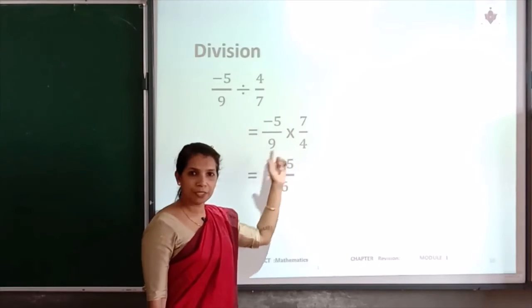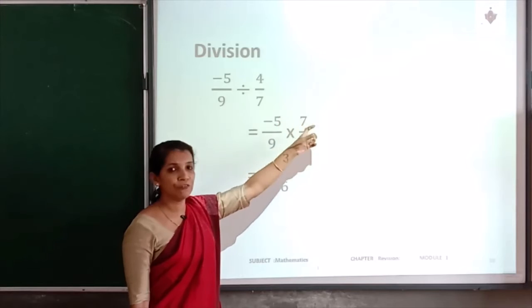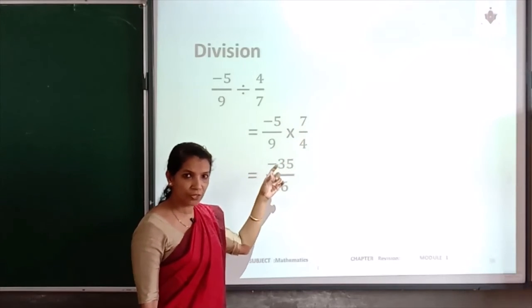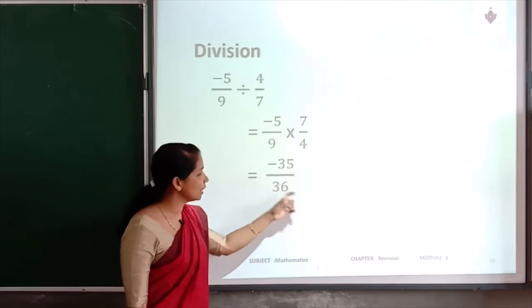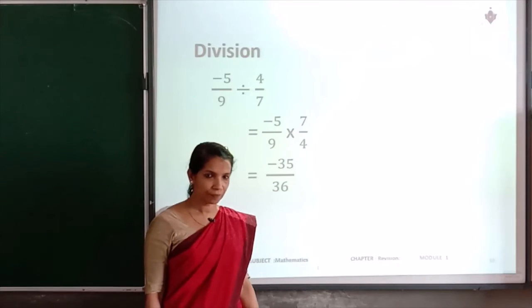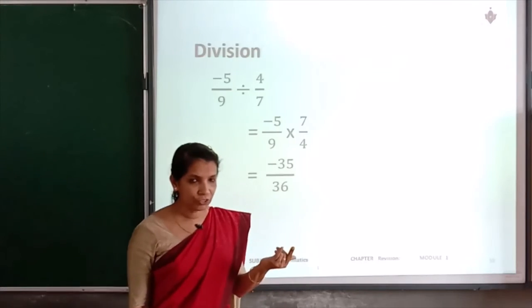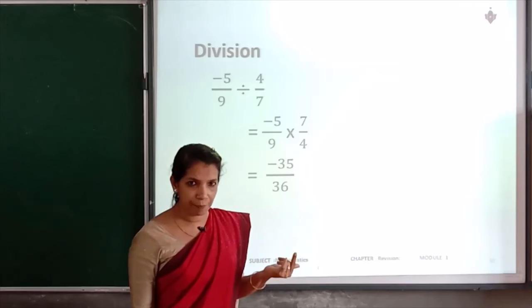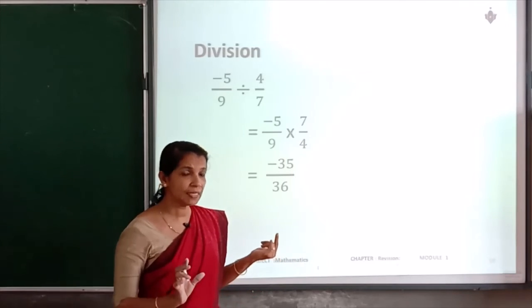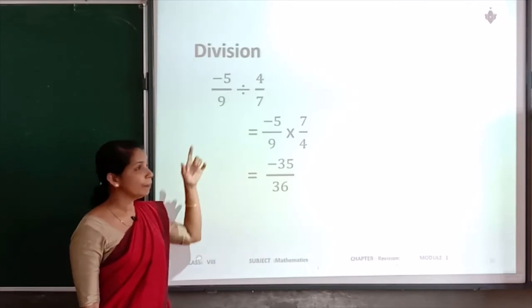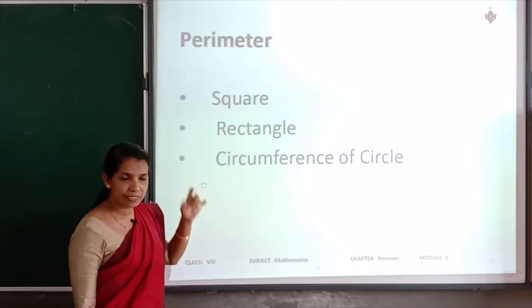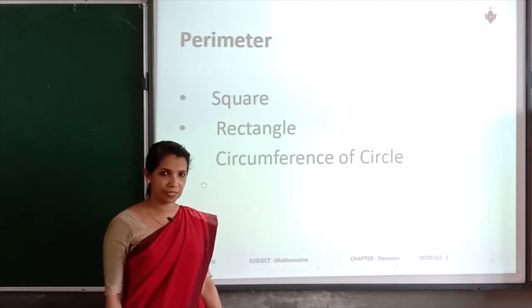Then multiply the numerator. Minus 5 into 7 is minus 35 divided by 9 into 4 is 36. Okay. So class 8 your first chapter will be rational numbers. So you have to practice many questions from addition, subtraction, multiplication and division of rational numbers.